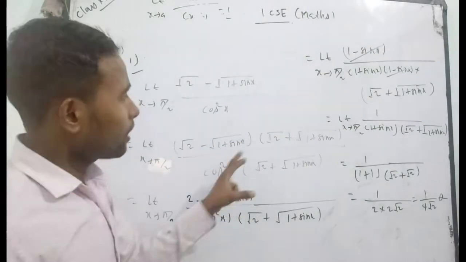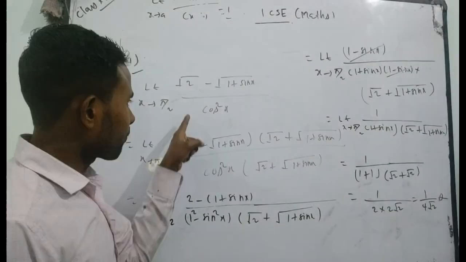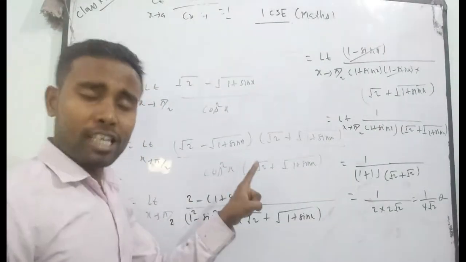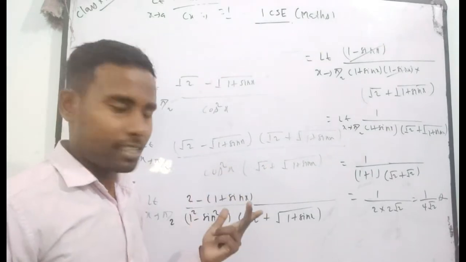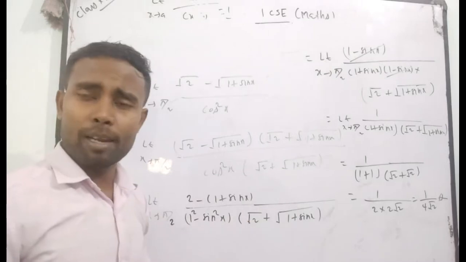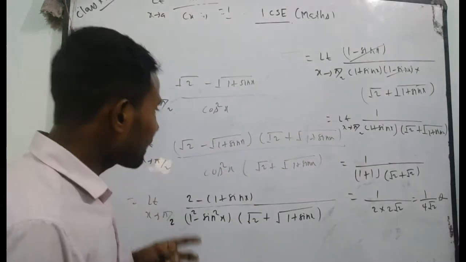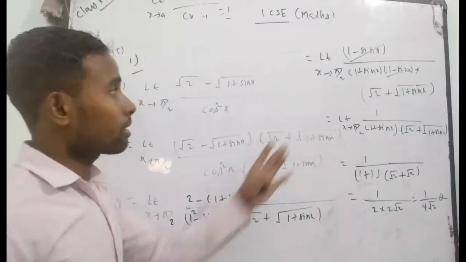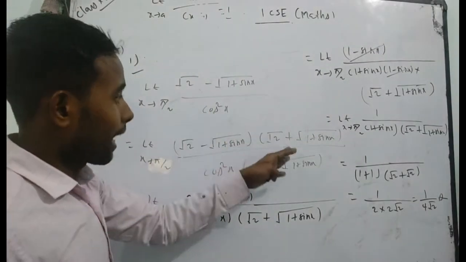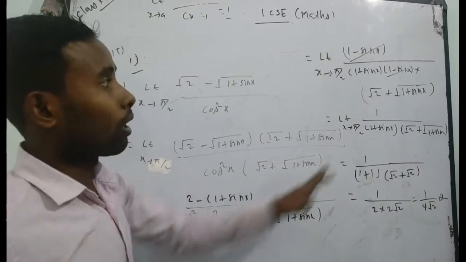Thereafter, after the first step you get a second step, and then again you try to put x is equal to pi by 2 in the expression to see whether it exists or not. If it exists, then its value will be final at that step, but if it doesn't exist, then you proceed to the next step. Suppose here I have multiplied by this factor and you get 1 minus sin x.